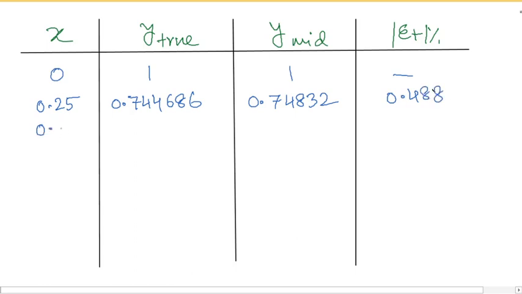For 0.5 we obtained 0.57216, it was 0.578312, and this is 1.075.